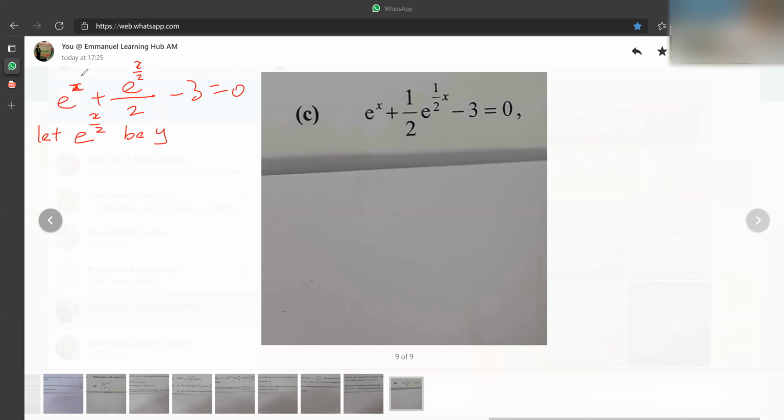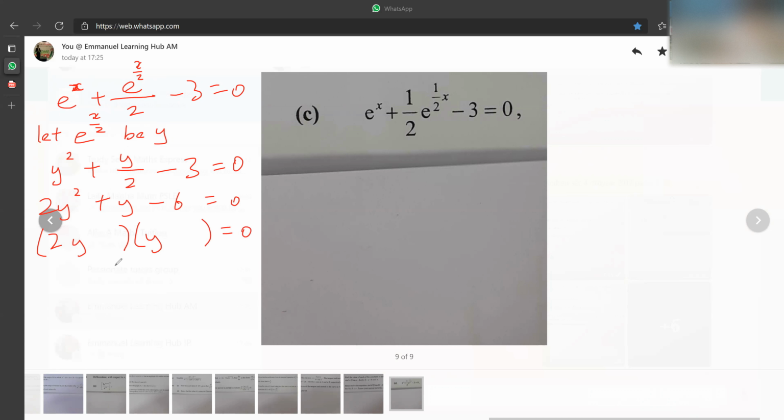So this will be y squared plus y over 2 minus 3 equal to 0. Then you have 2y squared plus y minus 6 equal to 0. So y is equal to 3 over 2 or y equal to minus 2.